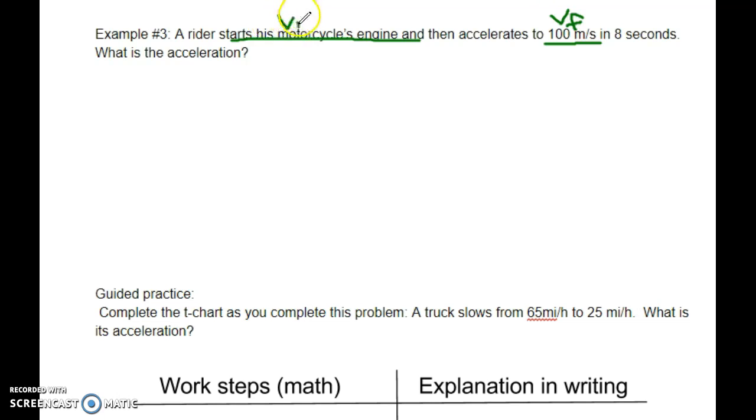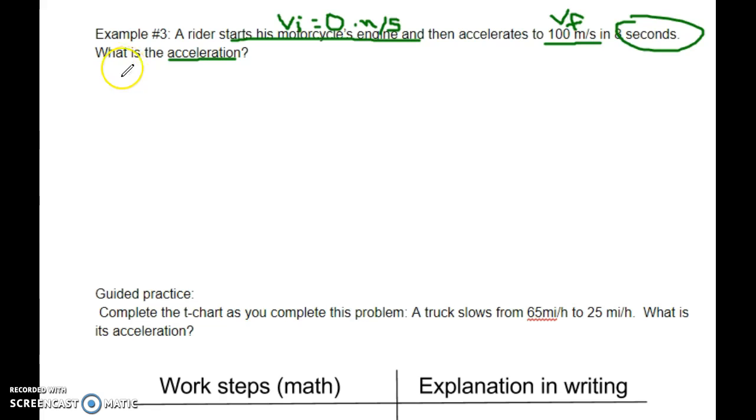So the initial, since we're not moving, is going to be 0. I'm going to use meters per second so our units agree. So anytime you don't see two speeds and you're asked for acceleration, think about is one of them starting or stopping, because then your speed is going to be 0, and we can calculate acceleration from that. And then of course you need the 8 seconds as well.